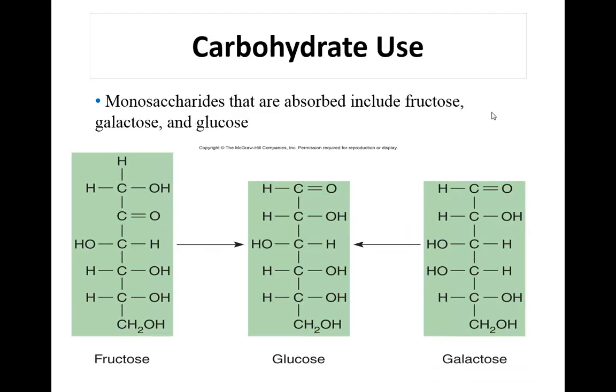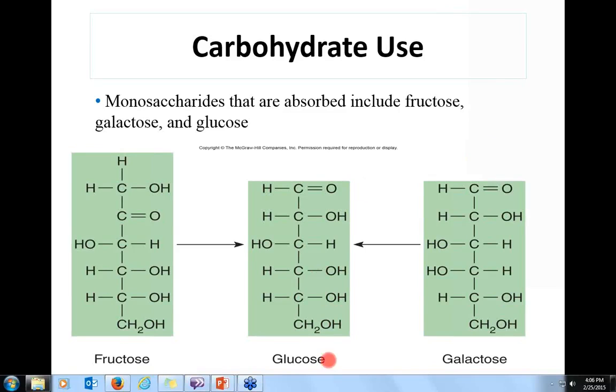So what do we do with carbohydrates once we ingest them? Well, we break them down. The main monosaccharide of choice, what our bodies prefer, is glucose. However, should we take in fructose, say we eat a lot of fruit or we drink high fructose corn syrup, fructose and glucose are what are called isomers.